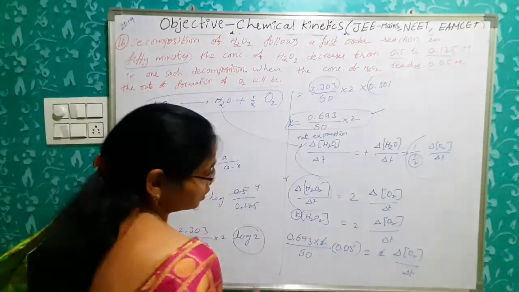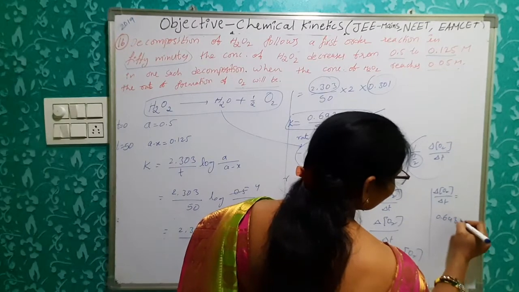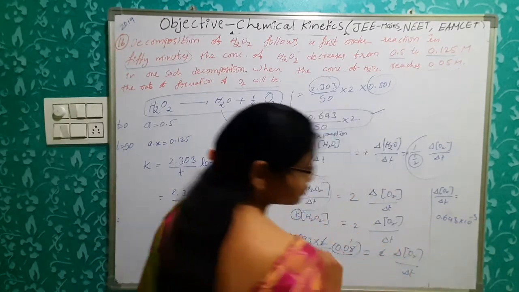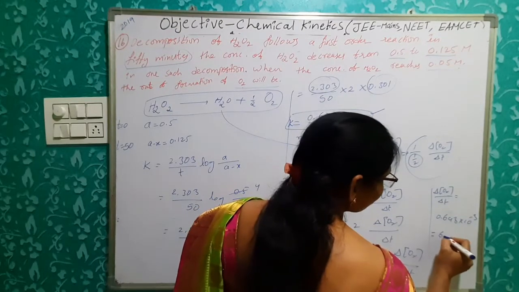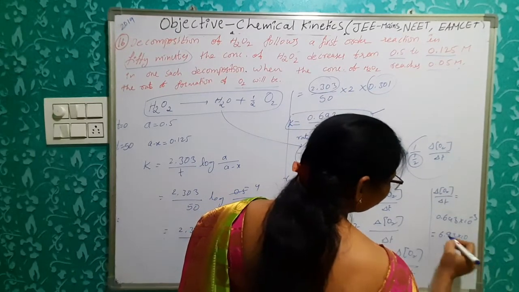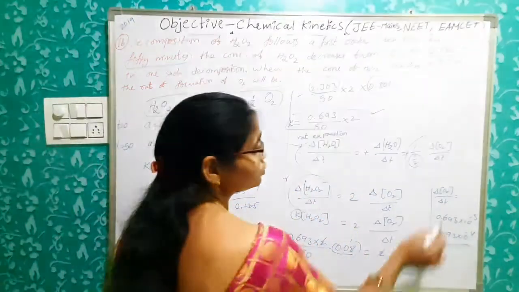Now 0.693 into 10 power minus 3, simply here 6.93 into 10 power minus 4. So this is the rate of formation of O2.